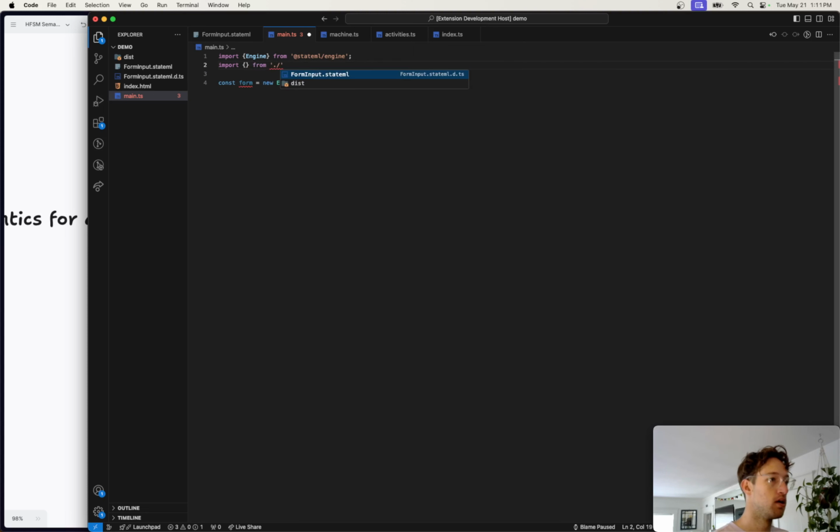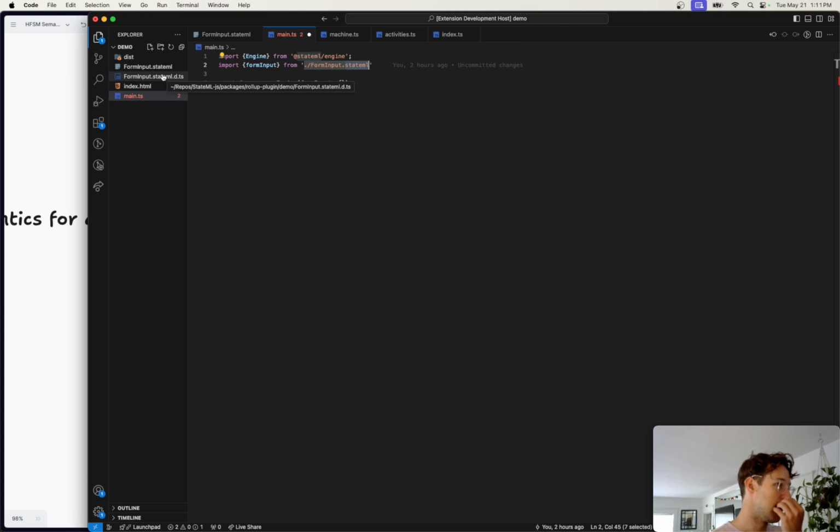Form input. What happens is this is a Vite project, so there's a Vite plugin for StateML that says if the file's a StateML, compile it to StateML, and also output a declaration file to generate types for it. And we'll talk about that in a sec.